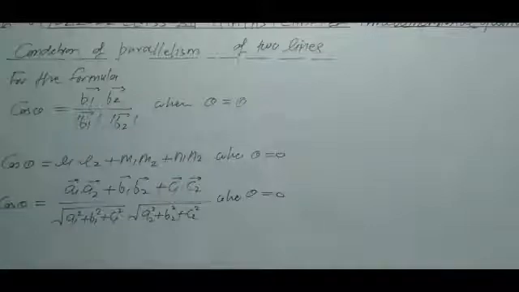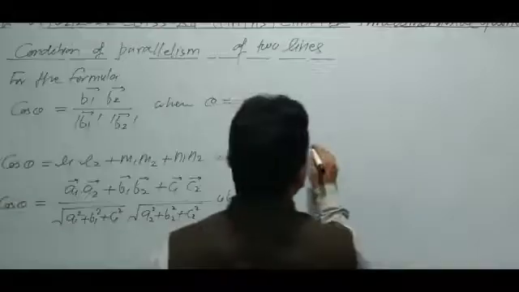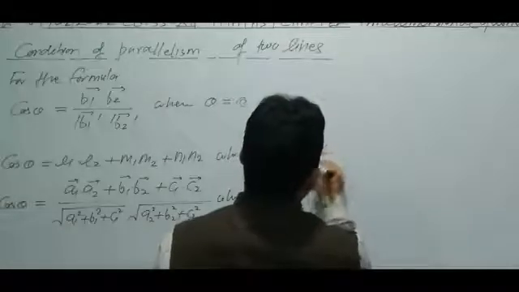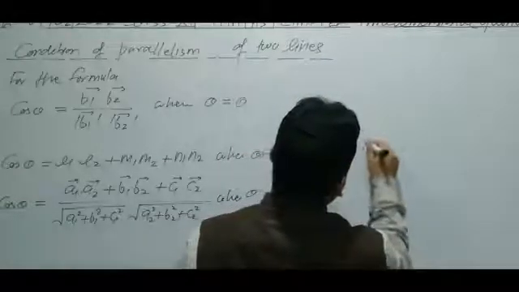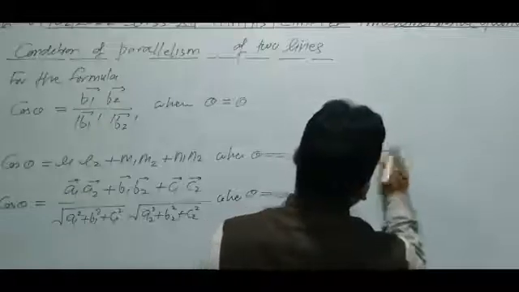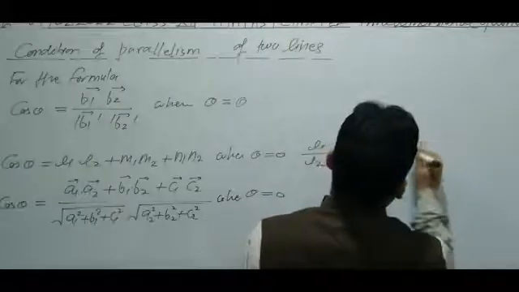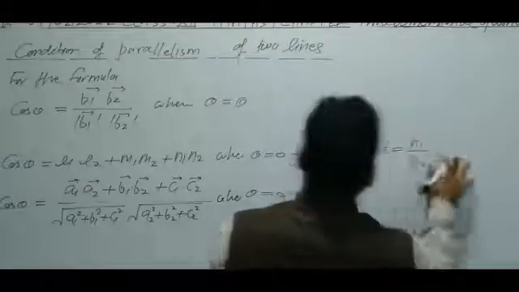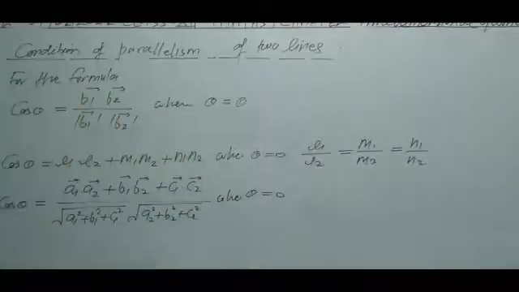Condition will be that b1 b2 vectors are parallel. So we can write L1 upon L2 is equal to M1 upon M2 is equal to N1 upon N2. This is the condition for two lines to be parallel.